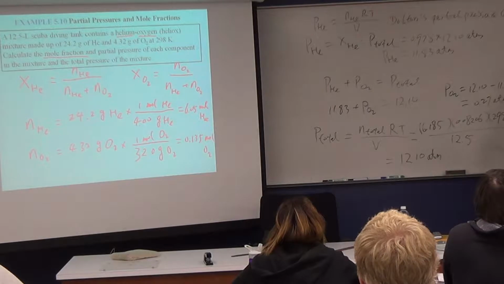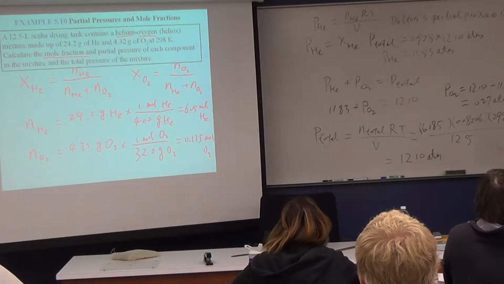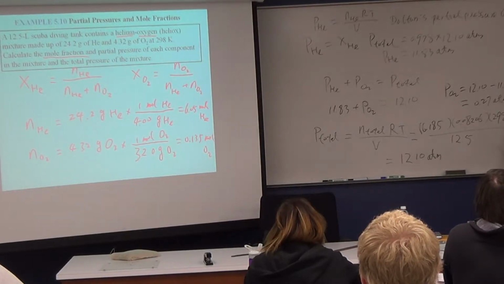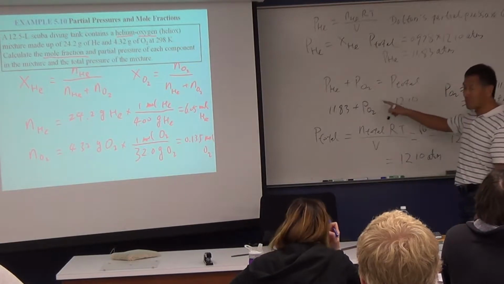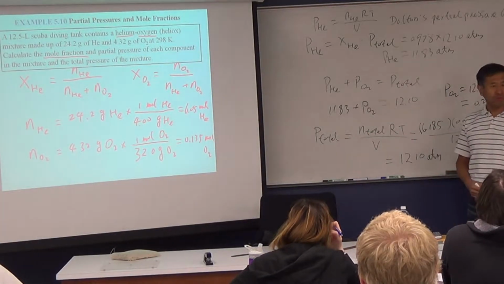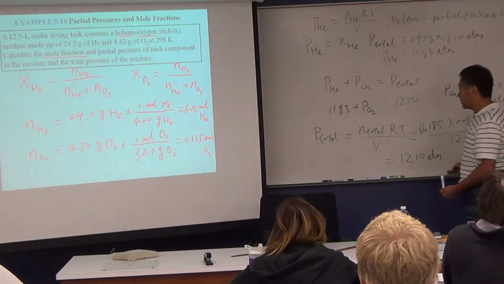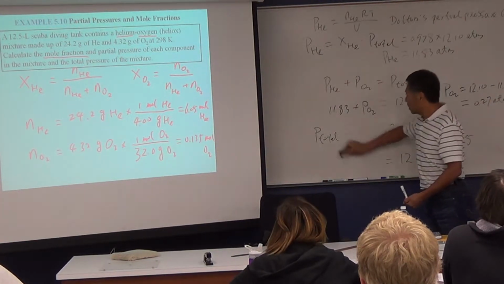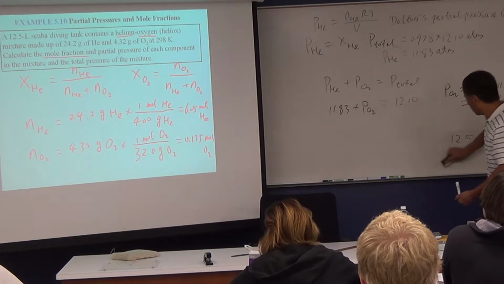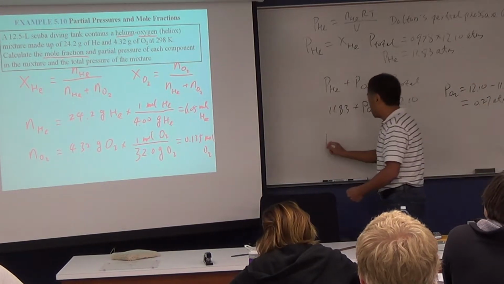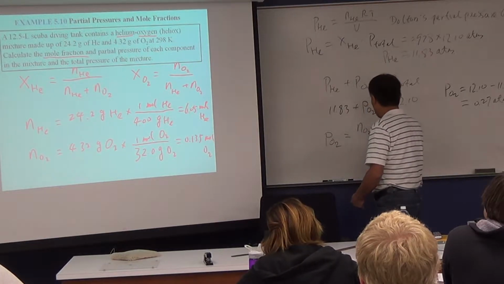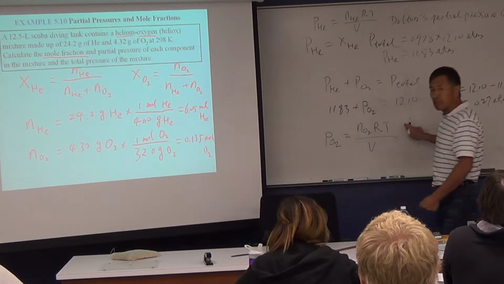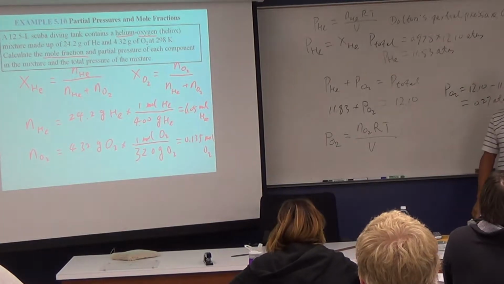Alright, and what other way is there to find the partial pressure of oxygen gas? Well, you can use the ideal gas law, because we already know the mole of O2. So like Maggie said, if you want to use the ideal gas law to find the partial pressure of O2, just write PO2 equals nO2 times R times T divided by V, and T and V are the same for all the components.